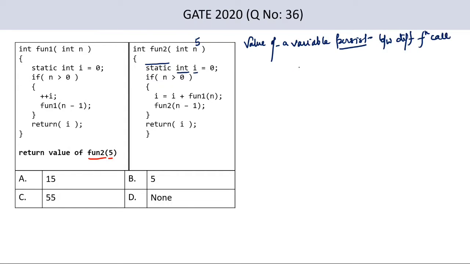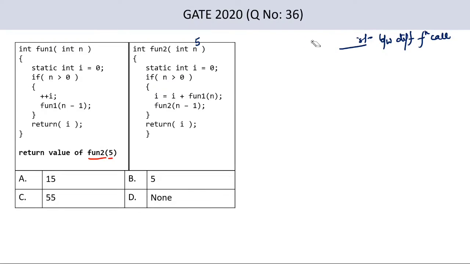If you are calling a function n number of times, it doesn't mean that this value will vanish. It will remain persistent and will not get reinitialized every time. If you call the function again, it will not initialize i equal to 0 again, if and only if the storage class of that variable is static. If it is auto or register, it will get initialized. Fine.